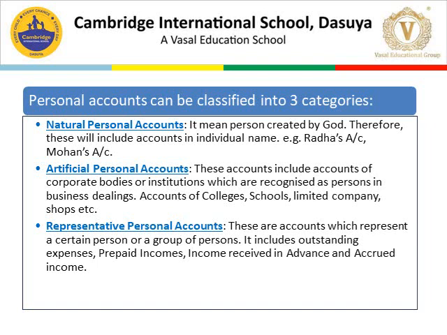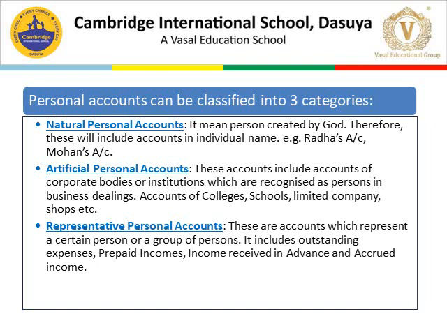For example, Radha's account, Mohan's account, Arnood's account, Simran's account, etc. In natural person, we record only the creation of God, the human being which is created by God, and every human being has some name. So we record all the transactions which are related to natural person in the accounts.